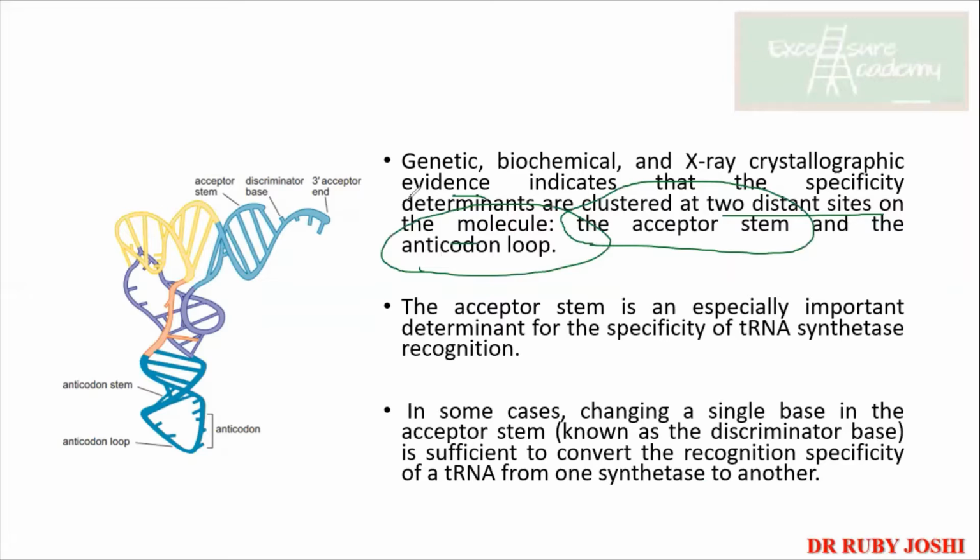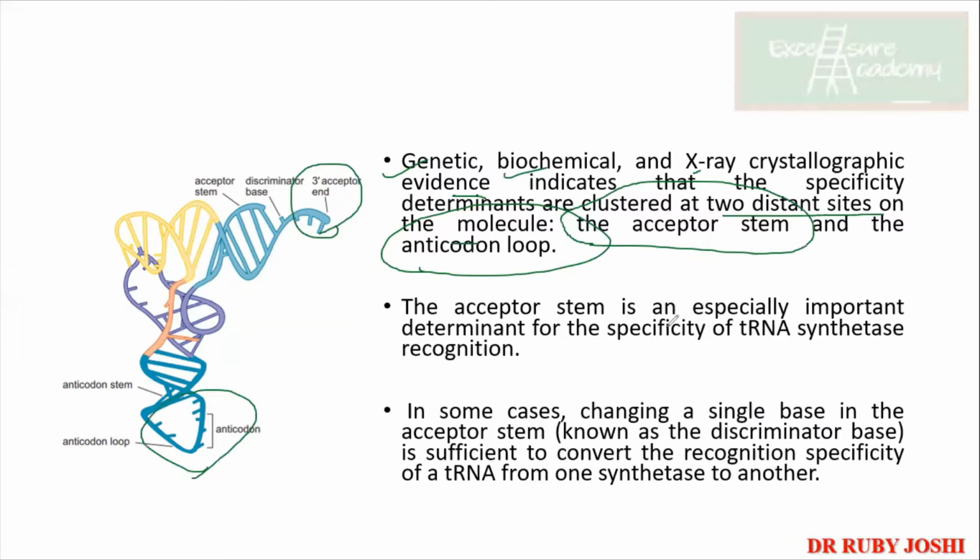When you talk about genetic and biochemical studies, we try to make mutants. Genetic means we are making mutants and trying to see whether, if we change the anticodon, it is still getting charged with the same amino acid or with other amino acids. Through such experiments it was found that these are the 2 important regions: the acceptor arm and the anticodon.